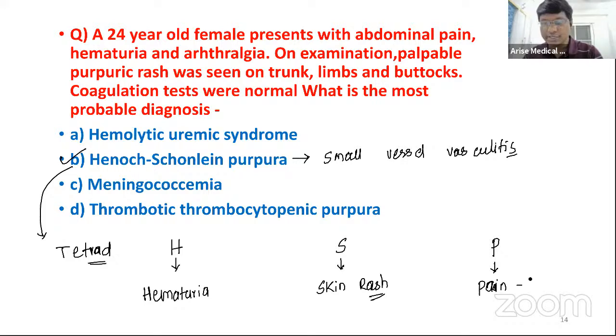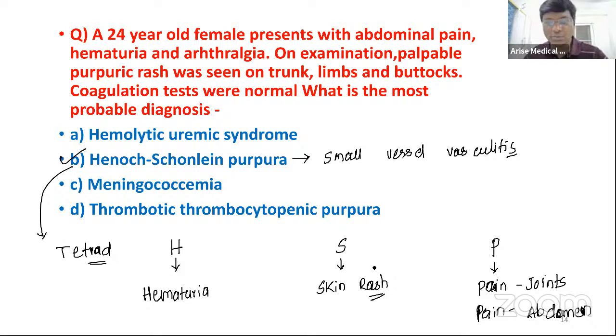Pain in the joints, as well as pain in the abdomen. So these four manifestations are seen in Henoch-Schonlein purpura.